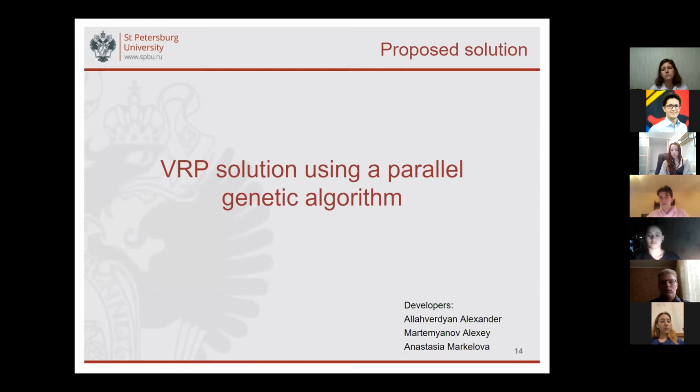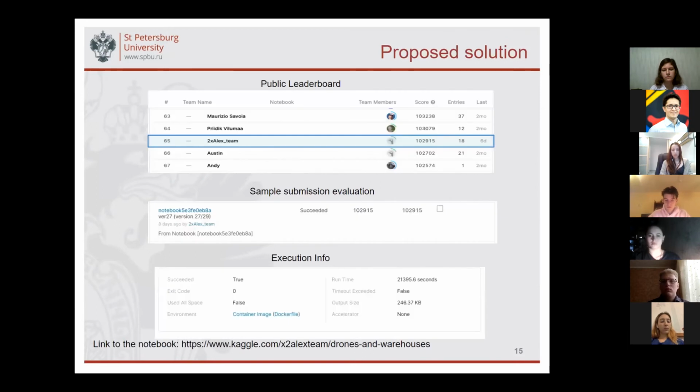Next, we present a solution based on a parallel genetic algorithm. Our solution is in 65th place, and it is only 11,000 points behind the first place. It is a very good result.